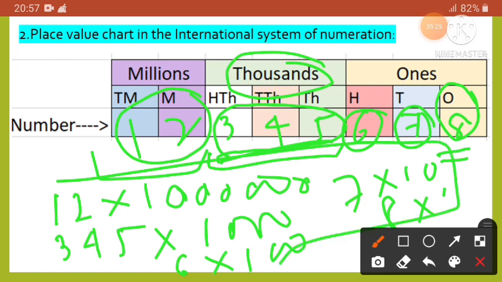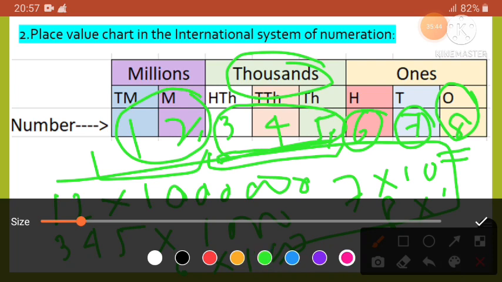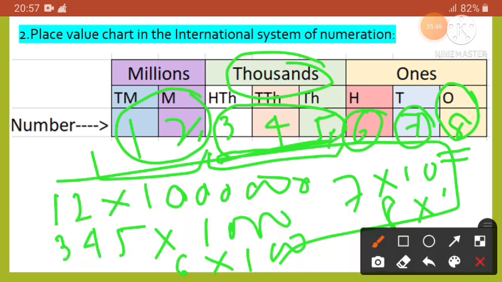Okay, and if you want to write it in words, it will be 12,345,678. Again I am doing it: 12 million, so you have to put commas here.